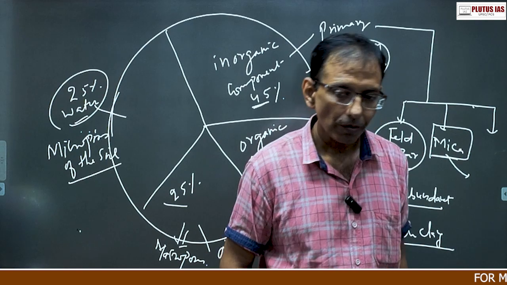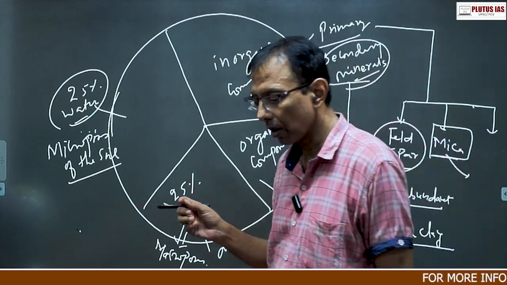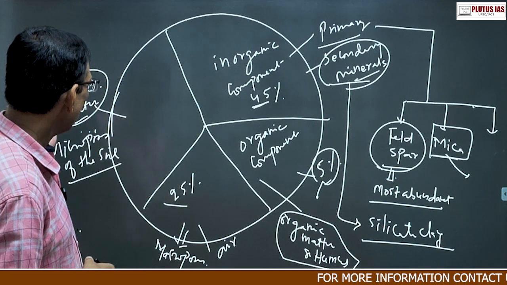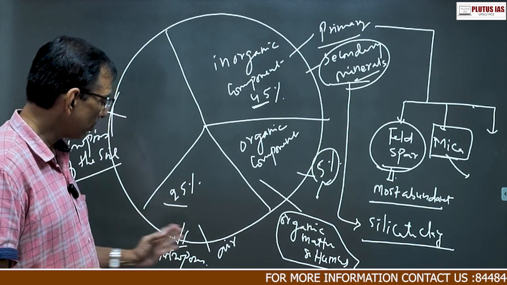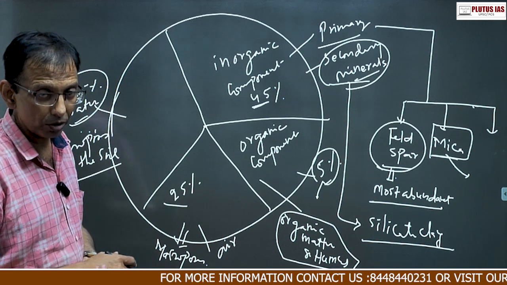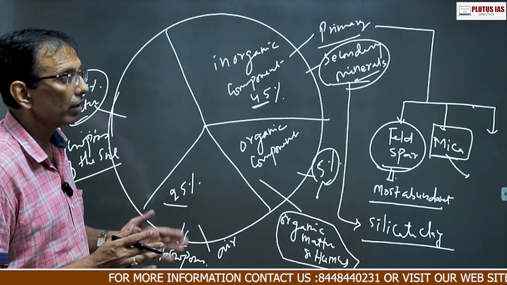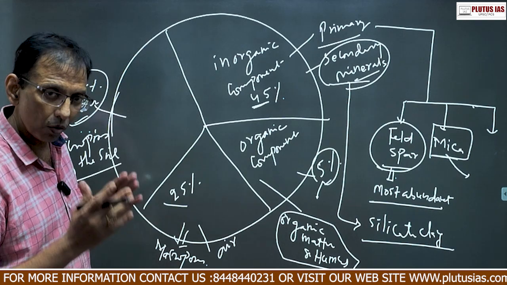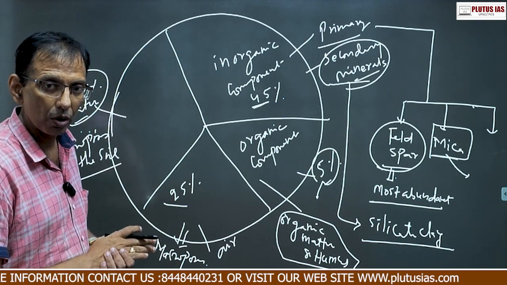Basically, those pores which are smaller than 30 microns are taken as micropores. Above that are macropores. Then another type of pores is also identified as mesopores. So micropores, macropores and mesopores.